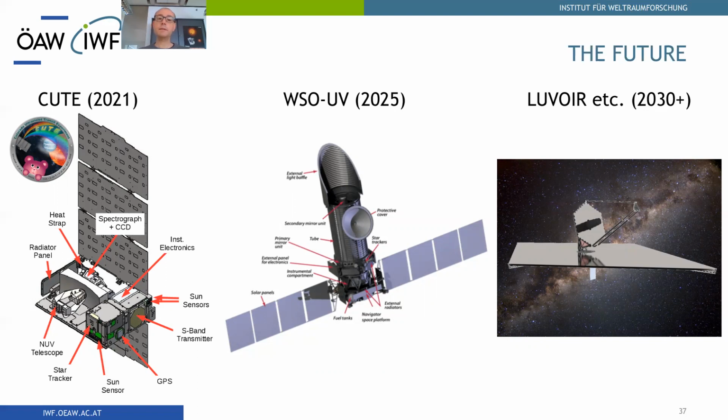And what's going to happen is WSO-UV, the World Space Observatory Ultraviolet, which is a larger telescope led by Russia together with Spain, that will be launched hopefully in 2025. And it will focus exclusively on UV. And then in the further future, hopefully we're going to have larger telescopes with UV capabilities that will allow us to finally study upper atmospheres and escape in greater detail.